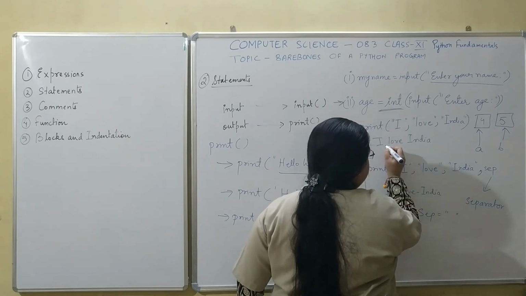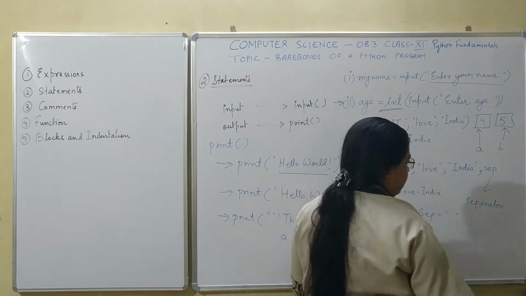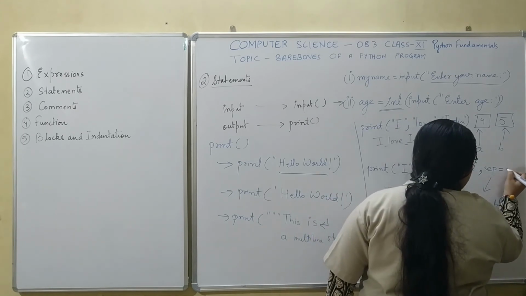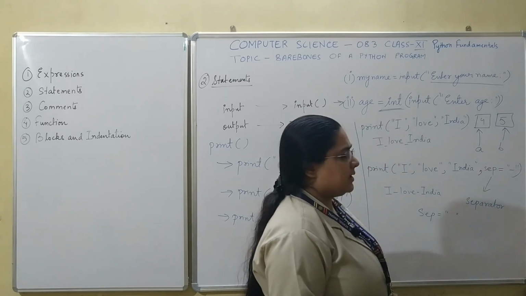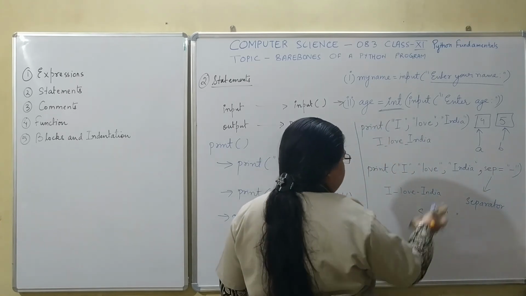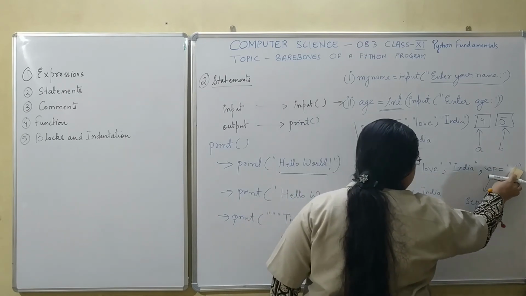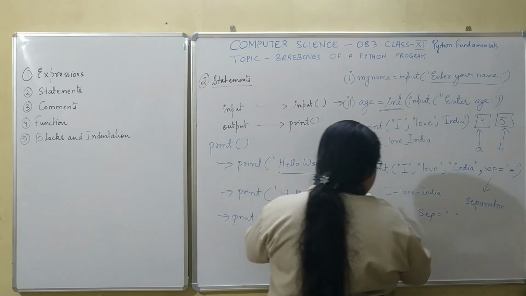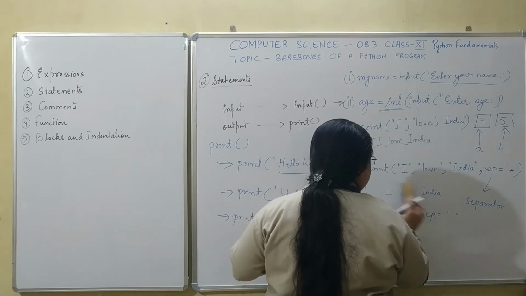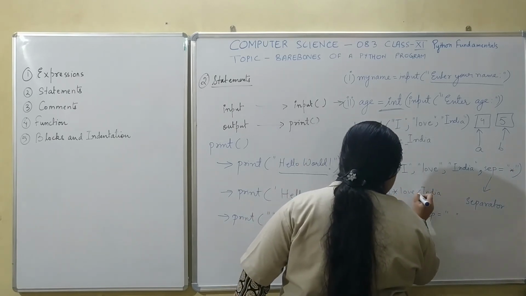That is the reason why we get a space in between every time. So if I want a hyphen in between, then I would have to provide the separator as a hyphen. Then only I will be getting a hyphen in between. Suppose I replace this hyphen with an asterisk sign. Then in place of the hyphen here, I would be getting asterisk in between.